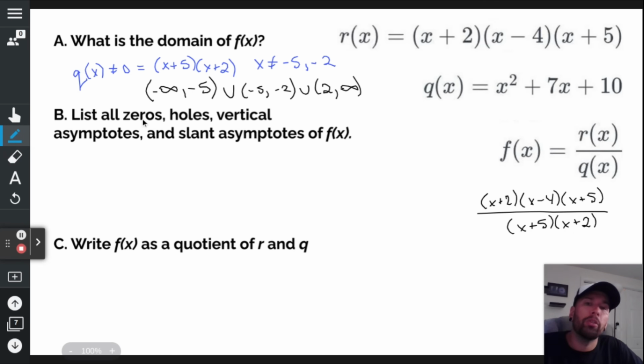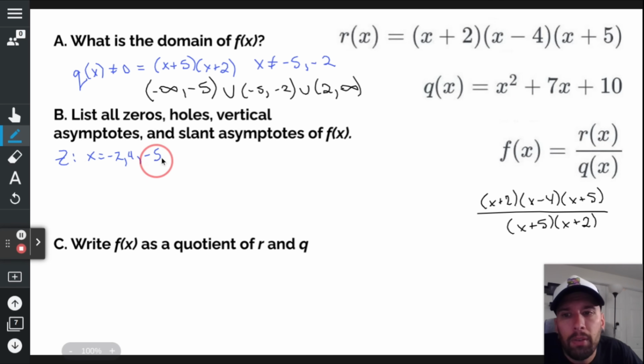List all the zeros. The zeros exist when the numerator is equal to 0. So when the numerator is equal to 0, my zeros are going to be the opposite of u. So x is negative 2, the opposite of u, 4, and the opposite of u, negative 5.